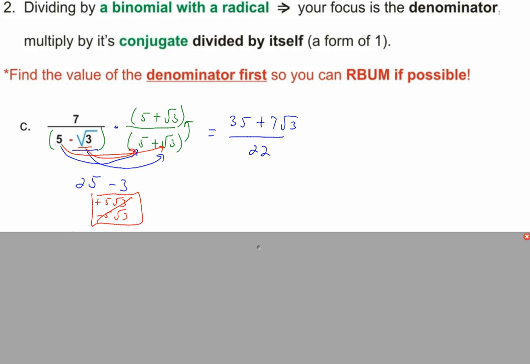Now, did you get that in the middle, Alexis? A 5 times the square root of 3 and a negative 5 times the square root of 3? Okay. So, let me go back for you. Let's just get rid of this.